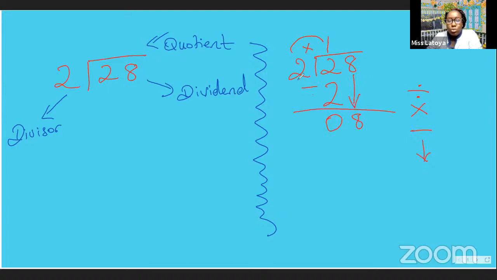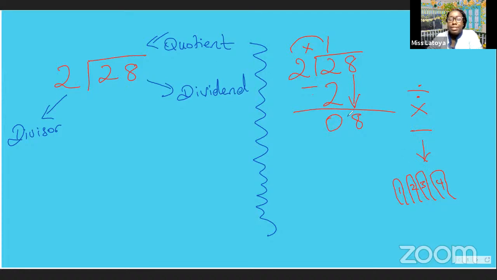Now we're going to say 2 into 8. How many times could 2 go into 8? Now, as I said in our first session, we can count in 2s until we get to 8 using our fingers. This is for those of us who are not very versed with our tables, all right? So we're going to say 2, 4, 6, 8. How many fingers do I have up? 1, 2, 3, 4.